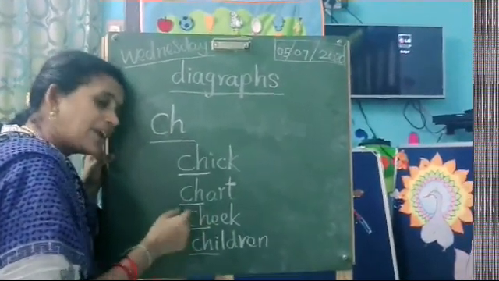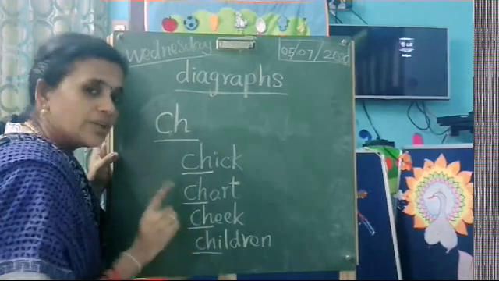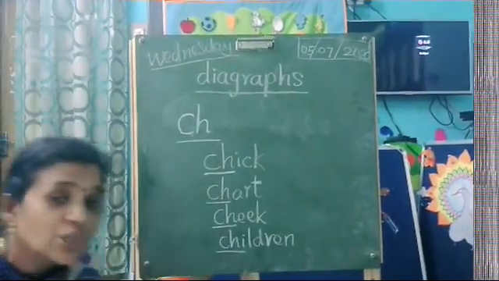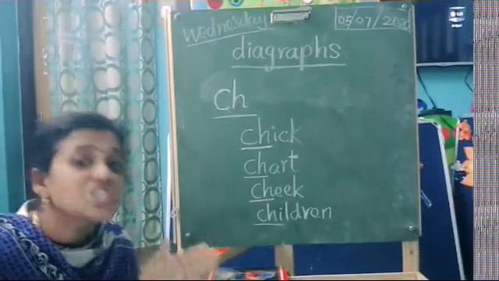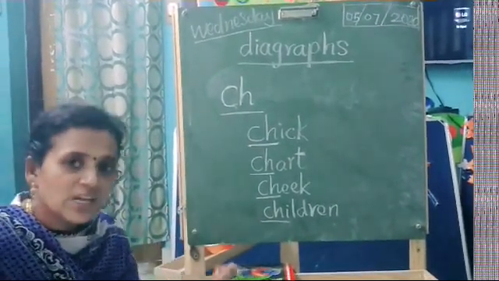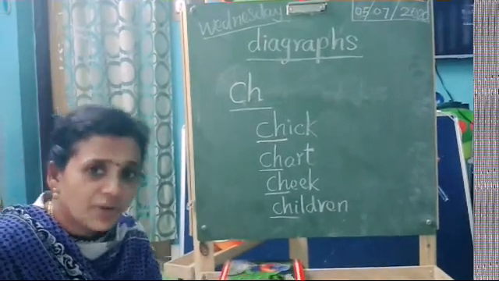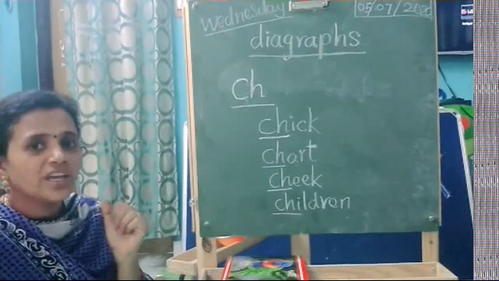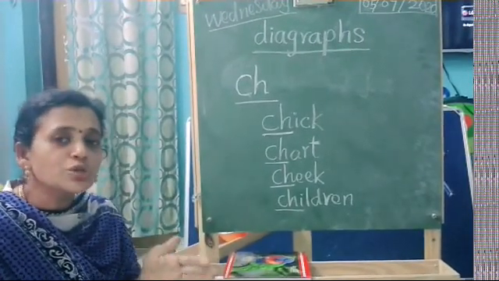You don't use separate phonics, k, h. Don't say like that. If you see any word with CH, you have to use the sound ch. Suppose you are seeing any word from your book, you have to use the digraph. Okay kids? CH means you should use ch.